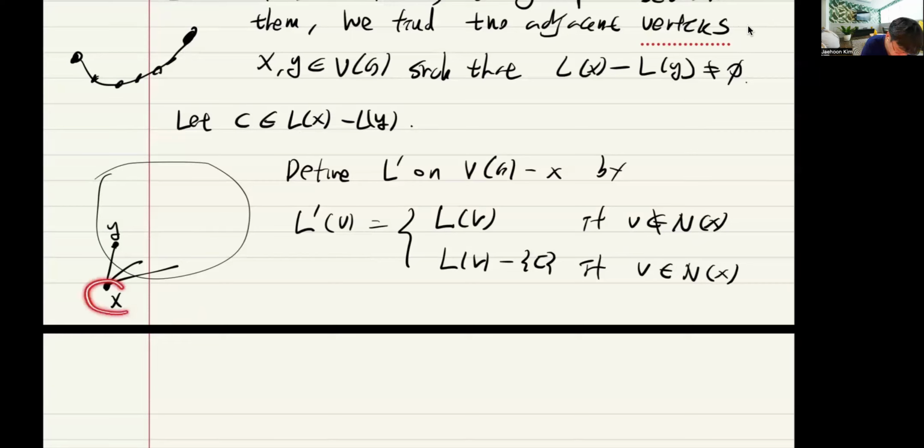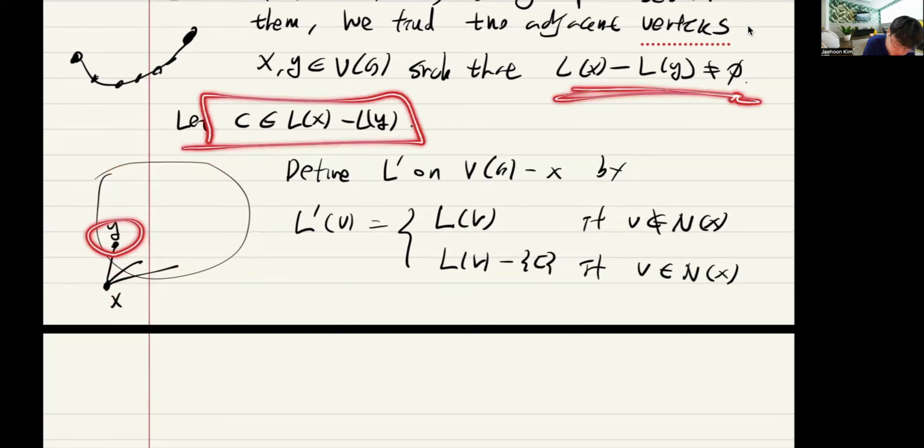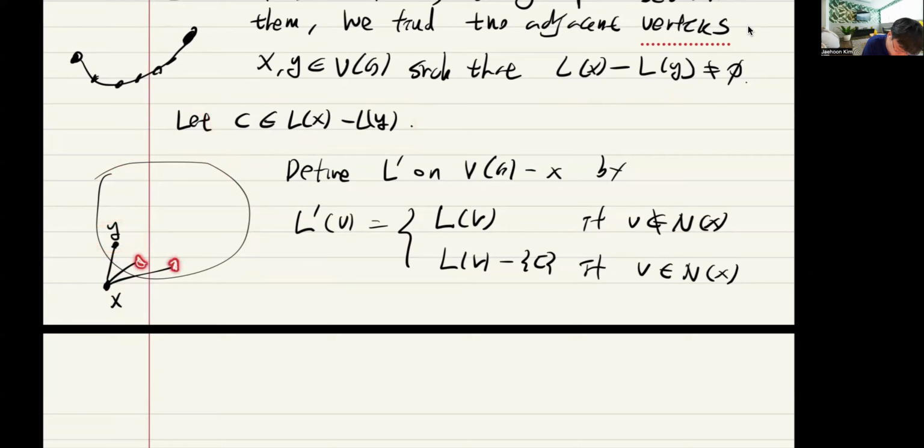Basically, what we are doing is that we give the color C here, and then we forget this, and then we shift it. Because this is colored by C, we kick out C from all its lists. However, what do we know? y doesn't contain C. That means for the other vertices the list size is decreased, but y's doesn't.